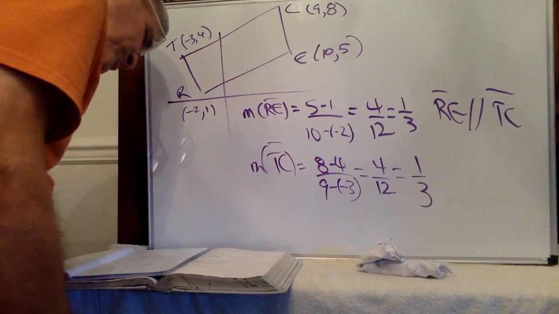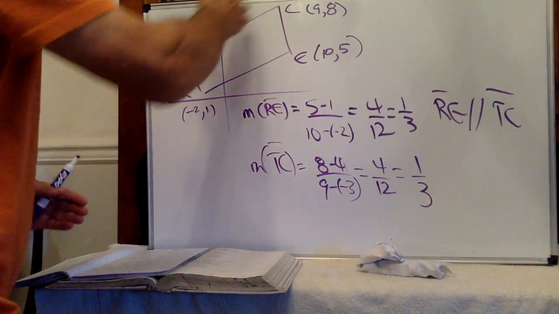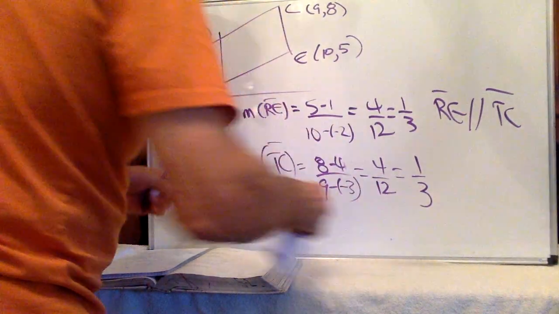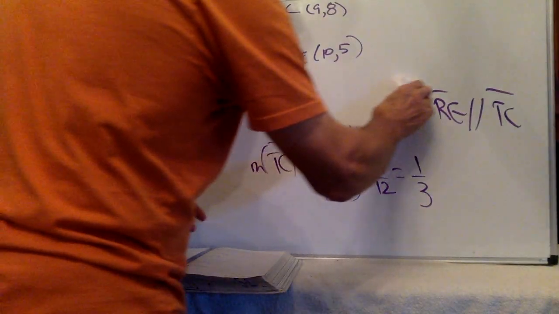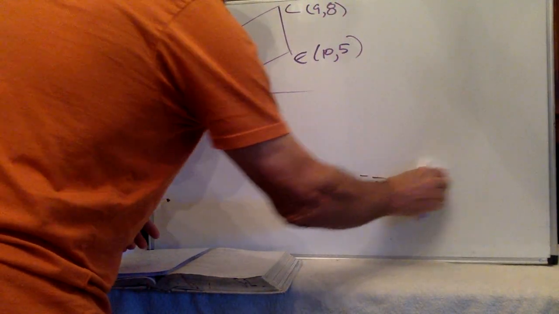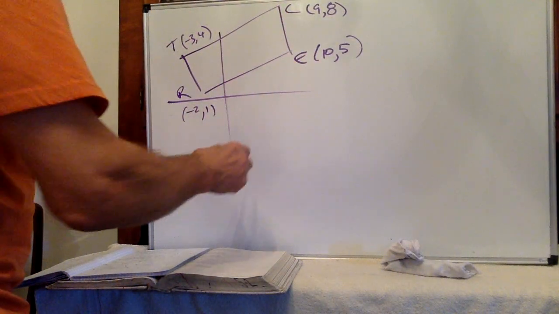Part B for number 8 is TR parallel to CE? So you're going to do the same thing for part B. Find the slope of each line. If they're the same, then they're going to be parallel.